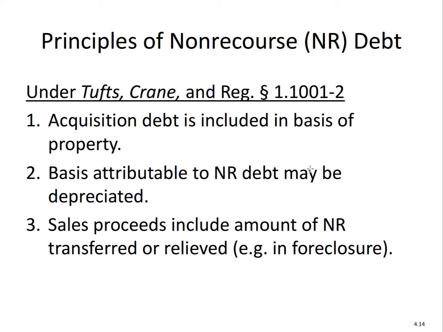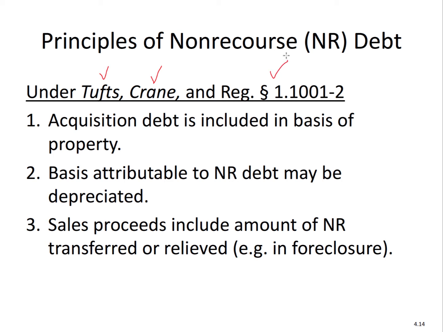And the reason the answer is no is because of the Supreme Court in Crane v. Commissioner, which came back in the 1930s, 1940s, and then again in Tufts v. Commissioner, which was in the 1970s, 1980s. I say 30s and 40s because this is based on the facts of the case and when the case was actually heard. It went all the way to the U.S. Supreme Court. And then finally the regs, which basically reaffirmed Crane and Tufts.